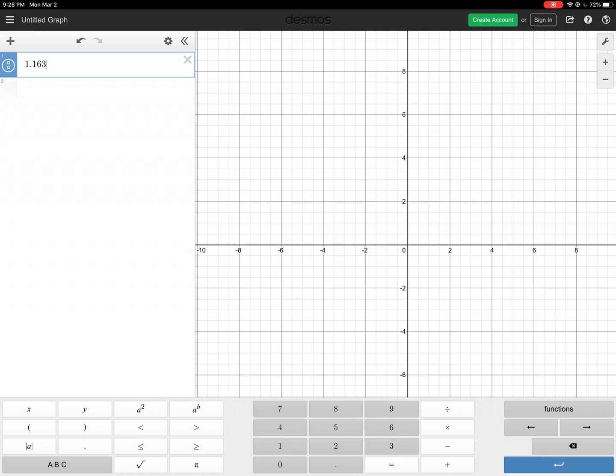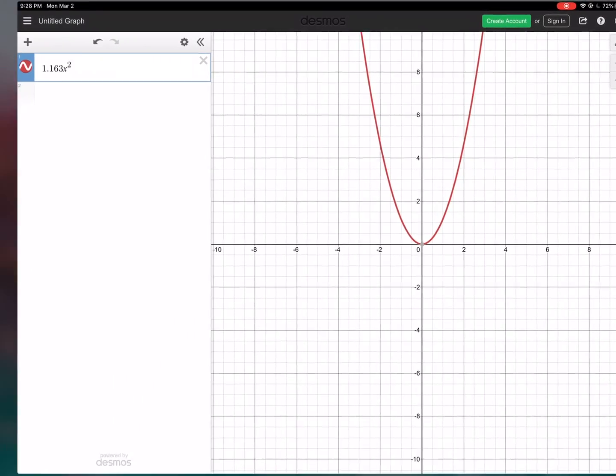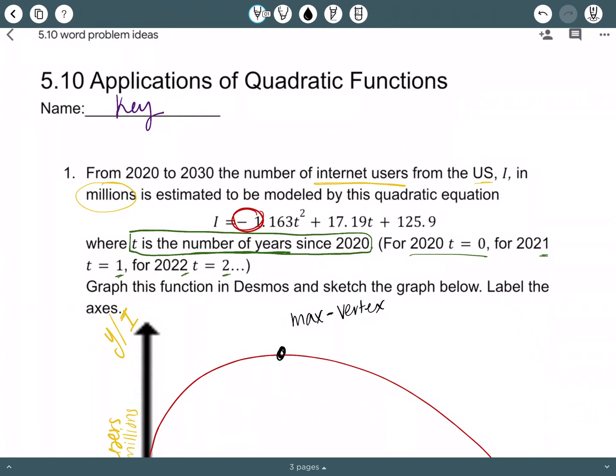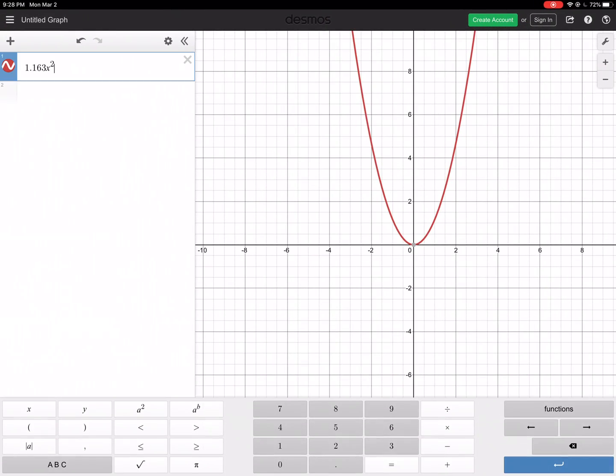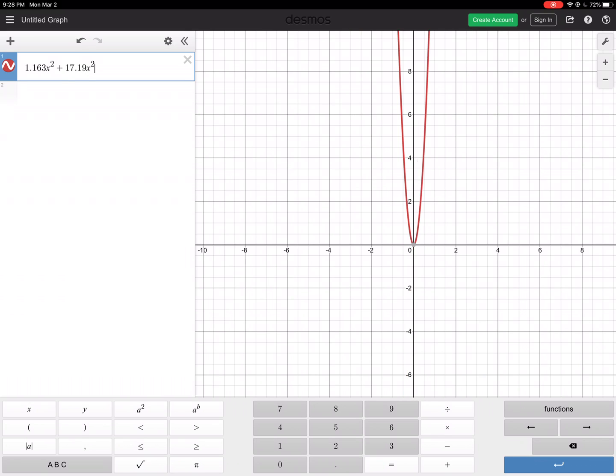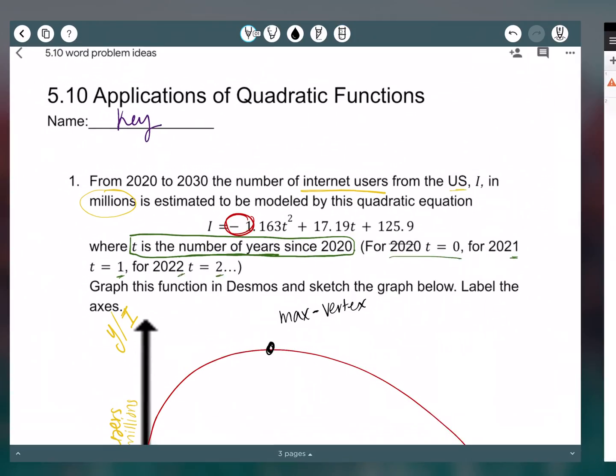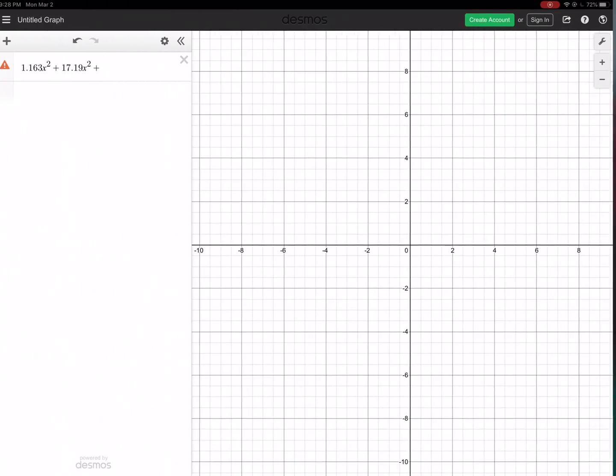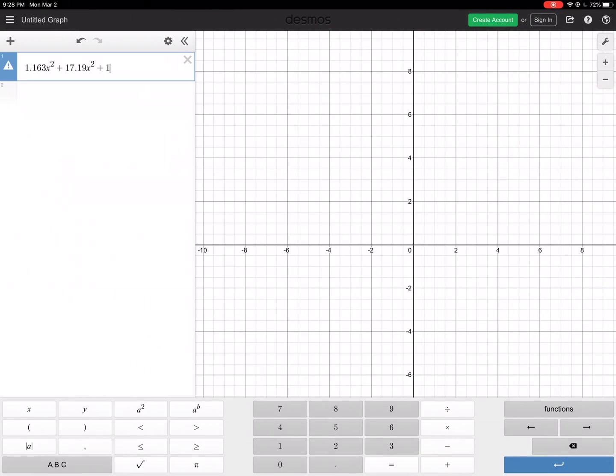So on your Desmos web browser, you can graph this exactly the same as how I'm doing in the app. Plus 17.19 t, plus 125.9. You gotta remember to put the negative out front.